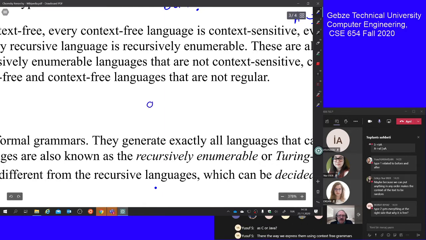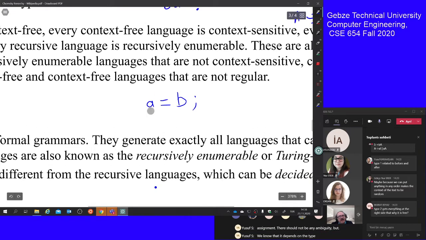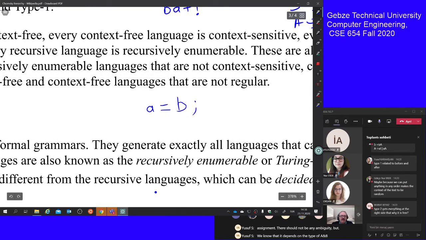So the meaning of this, A is assigned the value of B, should be fixed, right? I mean, the meaning of assignment should be the meaning of assignment. There should not be any ambiguity, but we know that it depends on the type of A and B if I can do this assignment. So it depends on the context. So how do they deal with this problem?